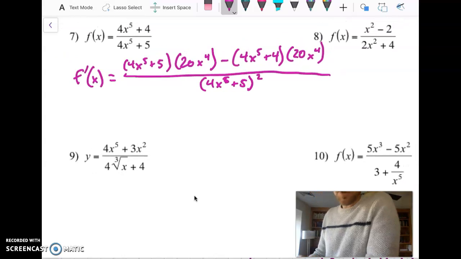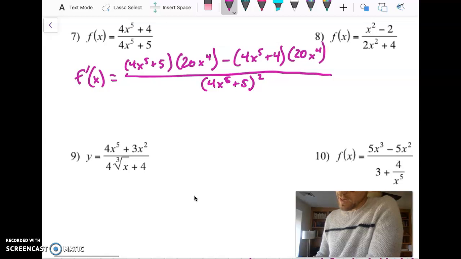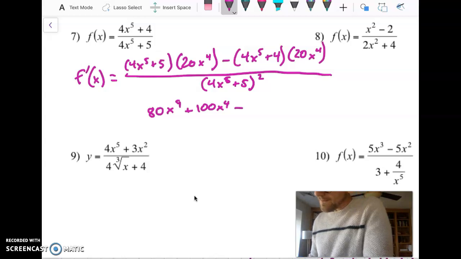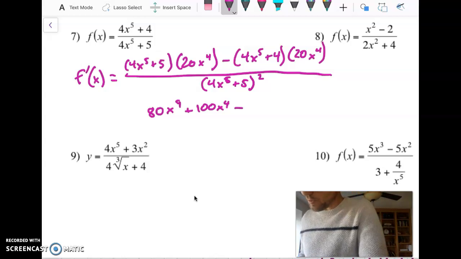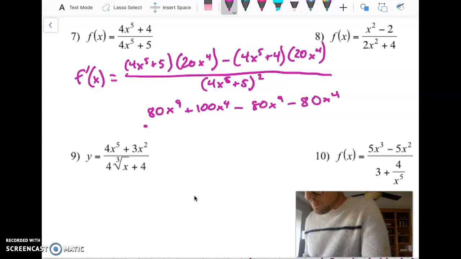Presumably you could do these in your notebook to get more space. I could multiply this out. I would get 80x to the ninth plus 100x to the fourth minus, well, this is just going to make both terms negative, 80x to the 9th minus 80x to the 4th.